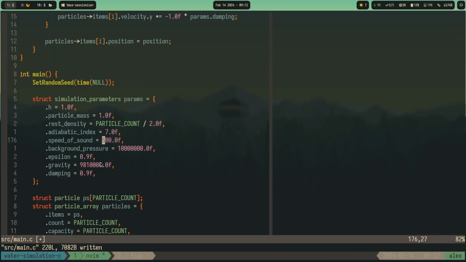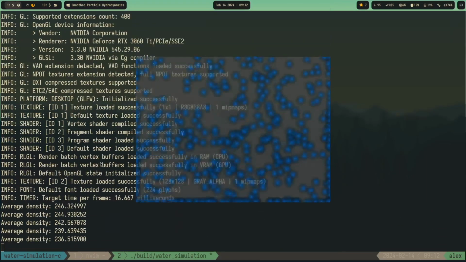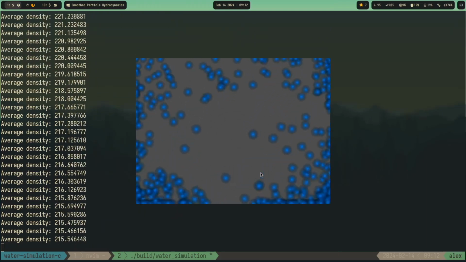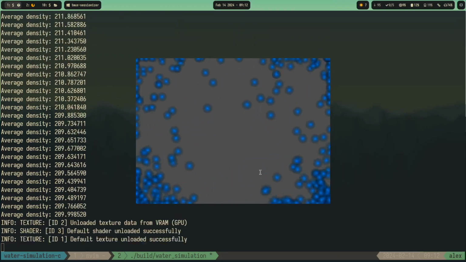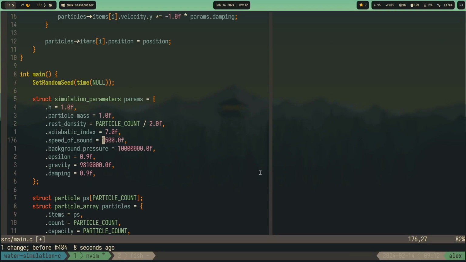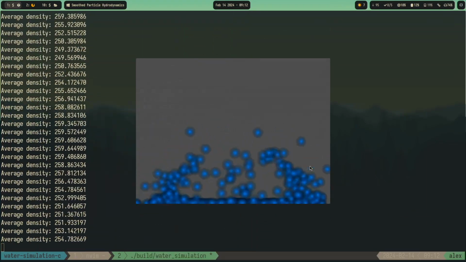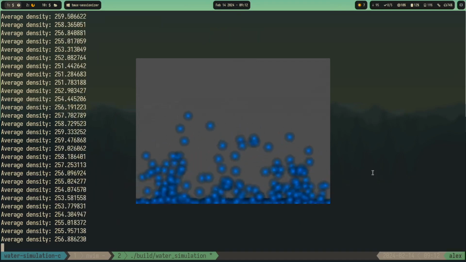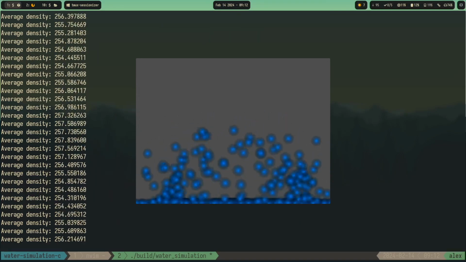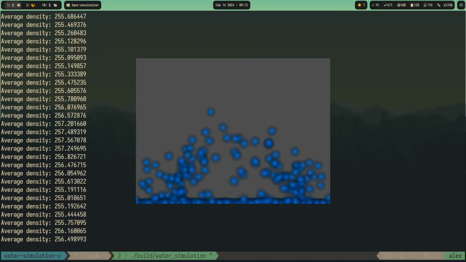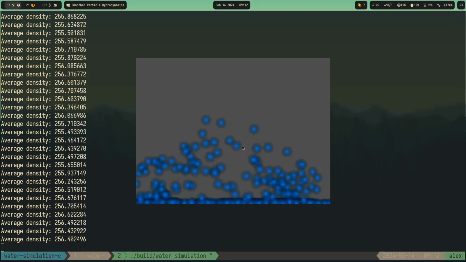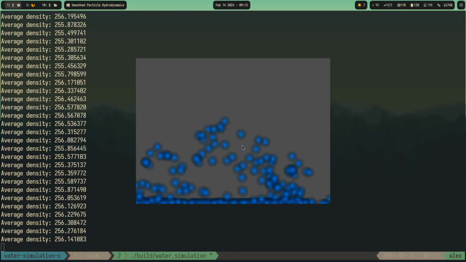So making it smaller would not be what I wanted. If we change the background pressure even more, yeah.